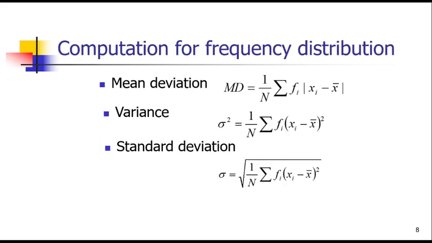Now let us look at the computation of the measures of dispersion for a frequency distribution. Here we will cover three measures of dispersion. One is mean deviation, another is variance, another is standard deviation. Out of these three measures, generally standard deviation is considered to be the best measure of dispersion.